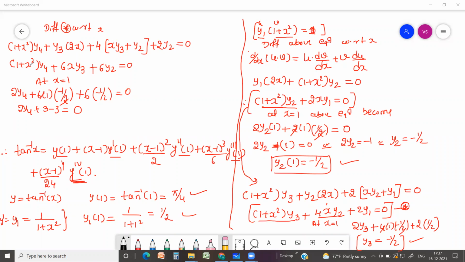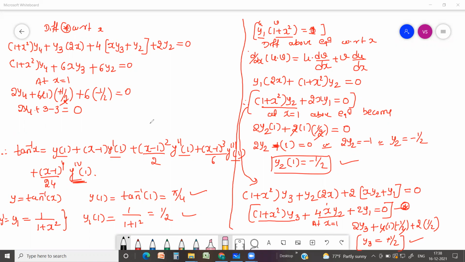1 plus 1 square, that is 2 times y4, 6 as it is, x value is 1, y3. So y3 is plus 1 by 2. Sorry, it is plus 1 because we have shifted to that side. It becomes plus 1 by 2. So this is plus 1 by 2 plus 3. And here 6y2.